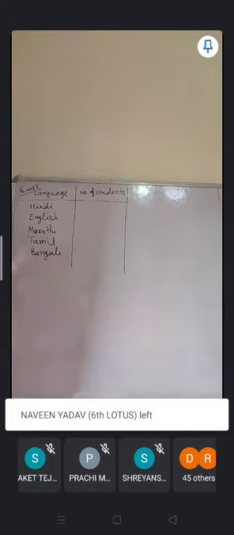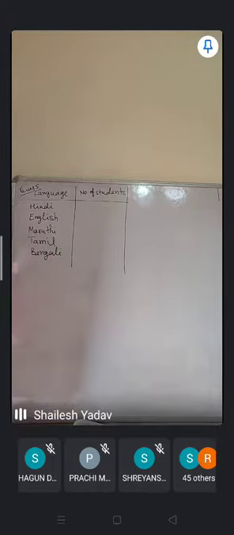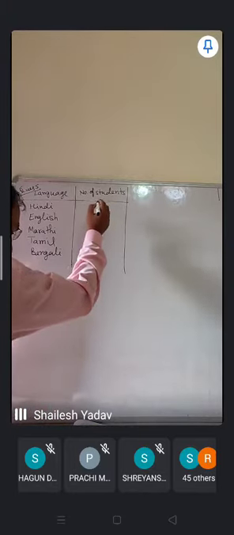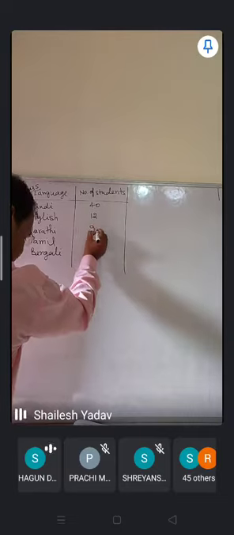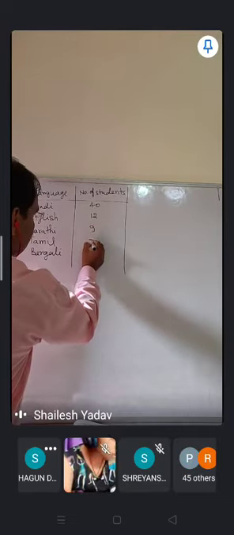These are the languages, and the number of students who use each language is given. For Hindi, the number of students is 40. For English, it is 12. For Marathi, it is 9. And Tamil is 7.